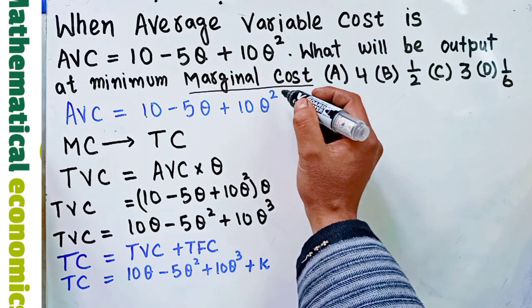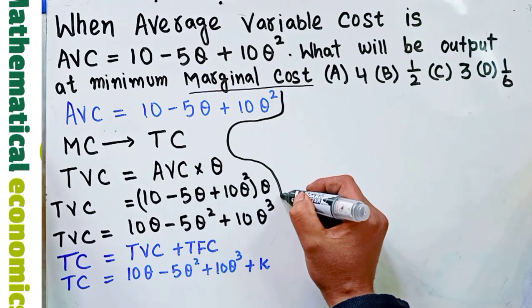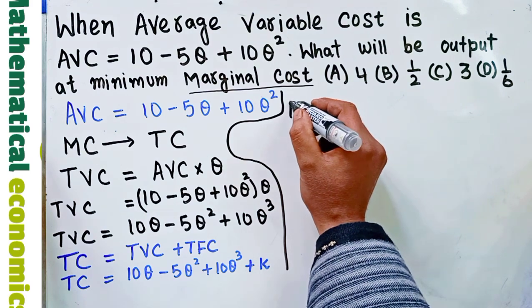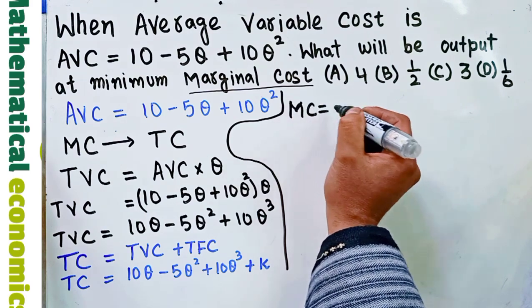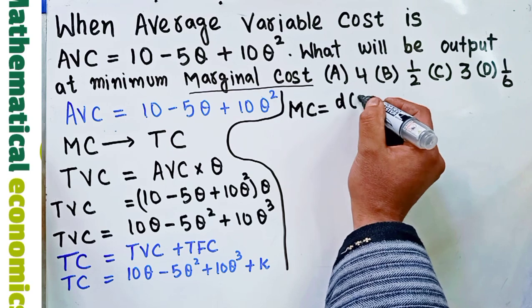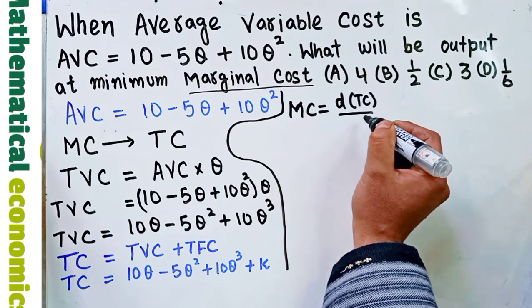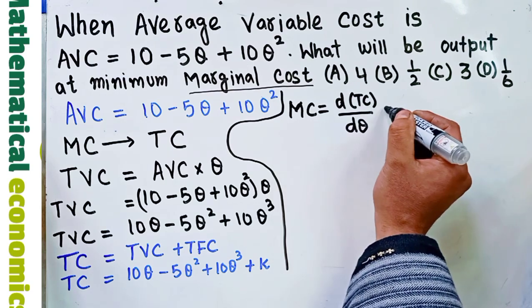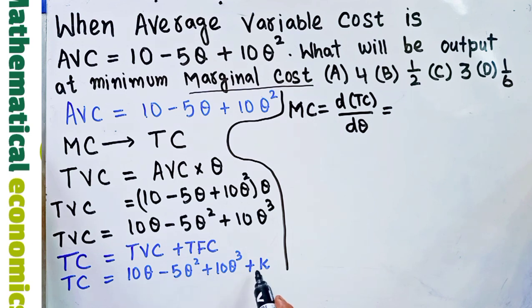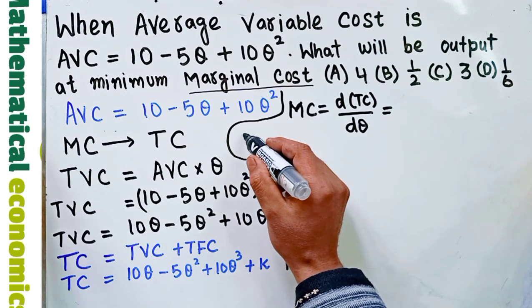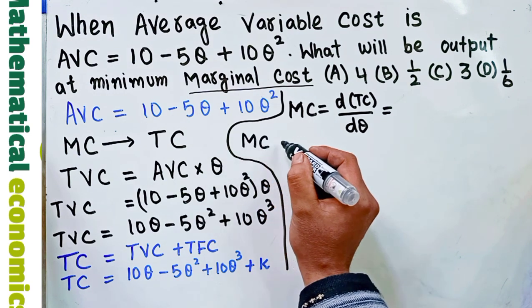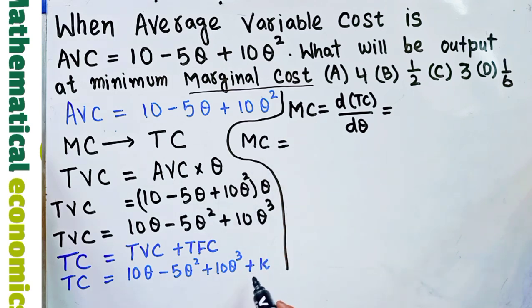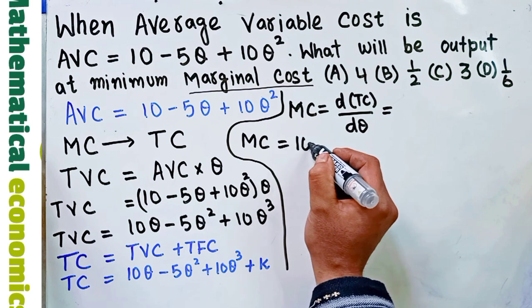Next, we need to find out the marginal cost function. What is marginal cost? Marginal cost is the derivative of total cost function with respect to output. So we differentiate this function. Our marginal cost will be equal to the derivative of this function with respect to Q. Derivative of Q will be 1, so we are left with 10.